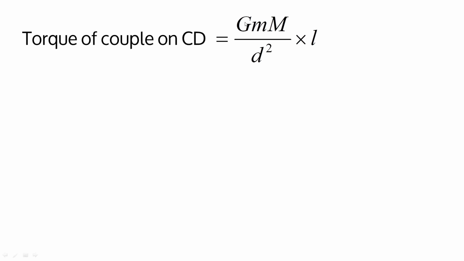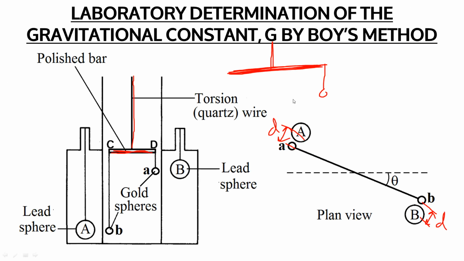You remember that the force is equal to the product of the masses over the square of the distance between the masses, but we multiply by the gravitational constant G. So this is the force, and to get the torque of a couple, you get that force times the distance between the two forces.